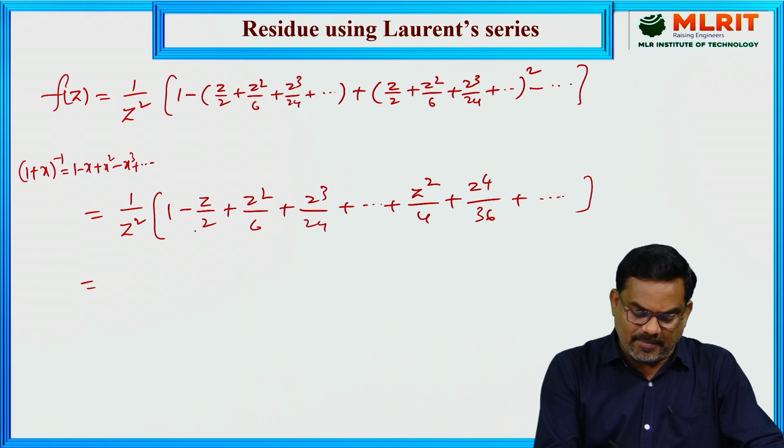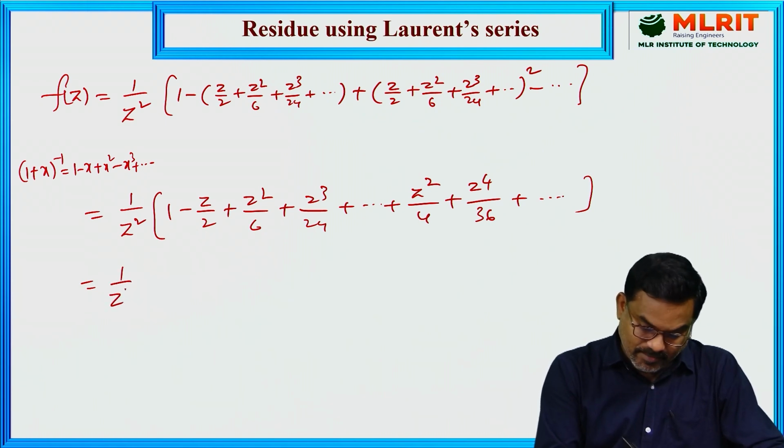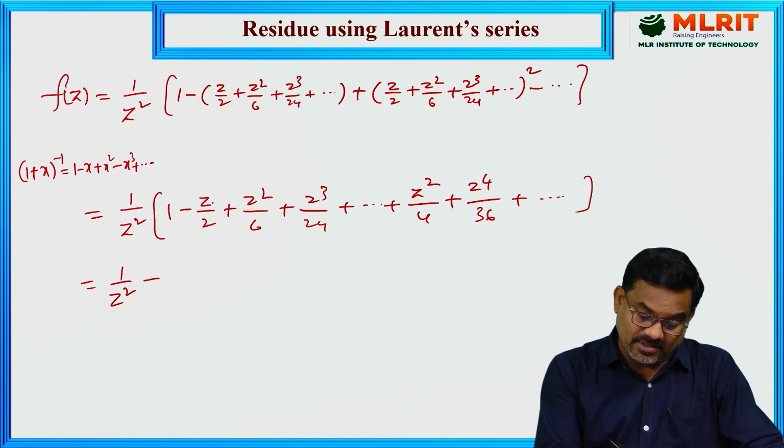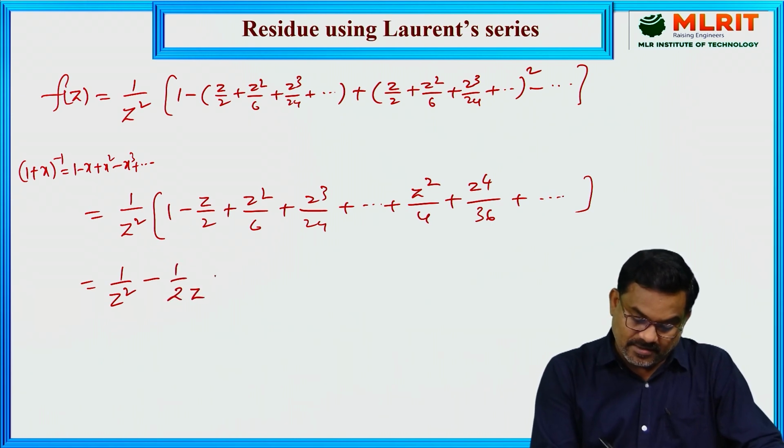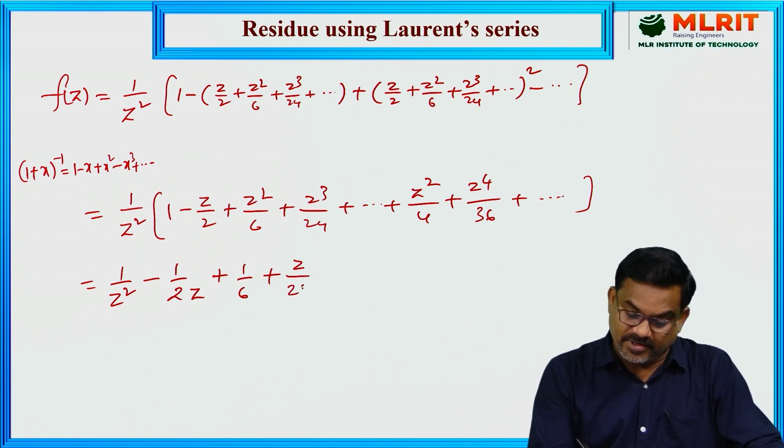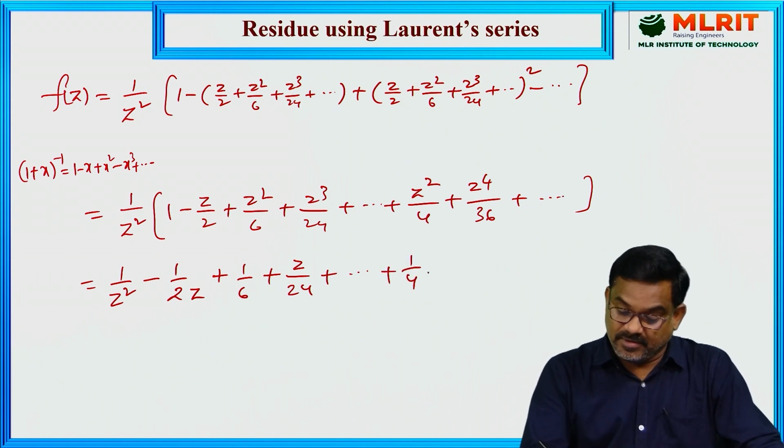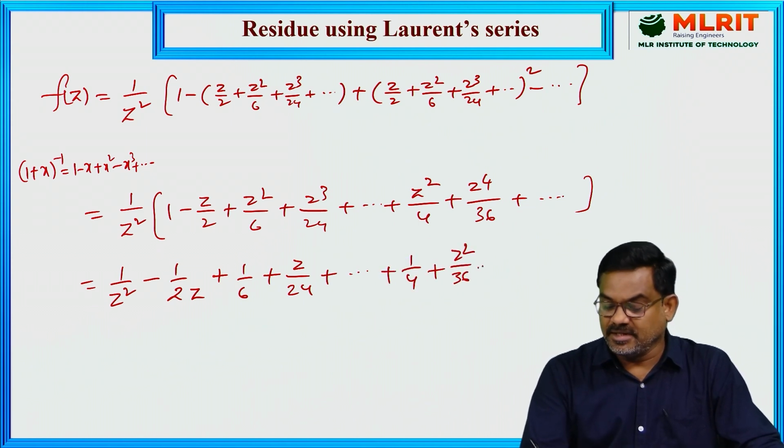Now multiplying with 1 by z square, we get 1 by z square minus 1 by 2 into z plus 1 by 6 plus z by 24 plus so on, plus 1 by 4 plus z square by 36 and so on.